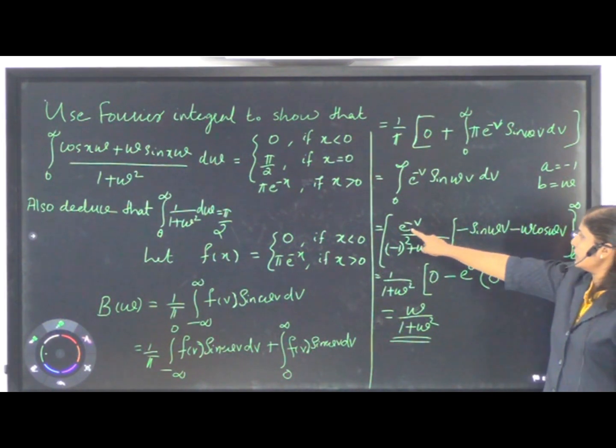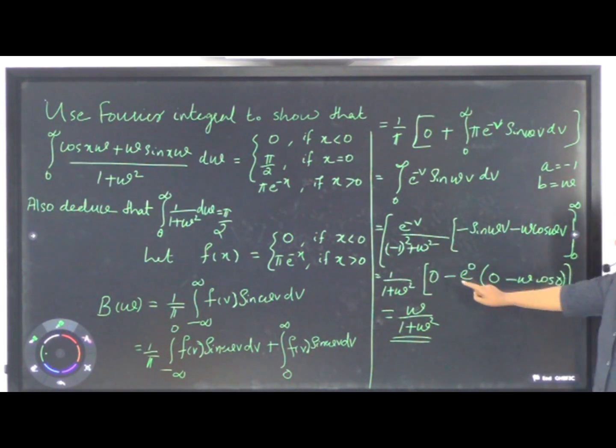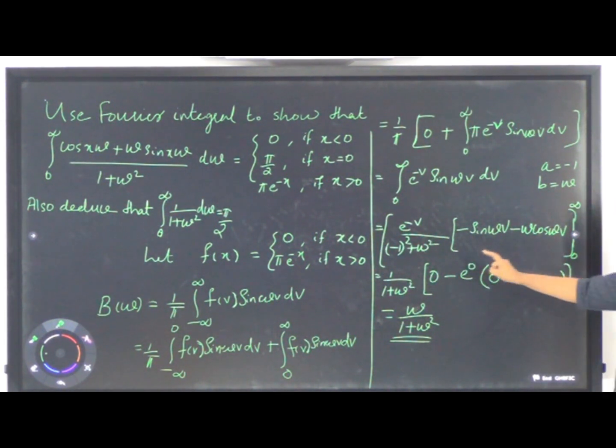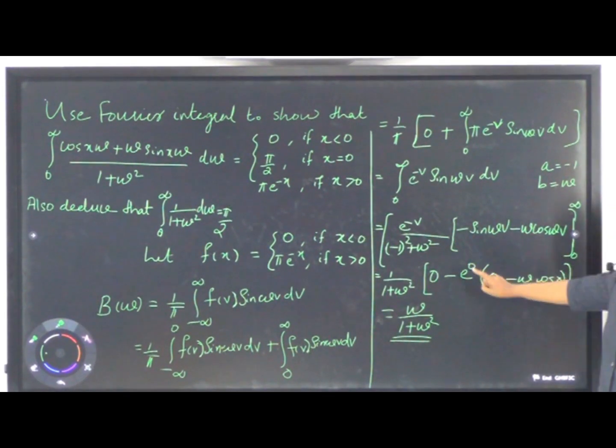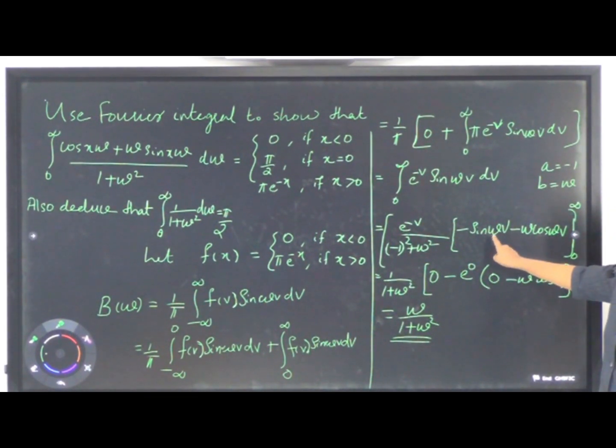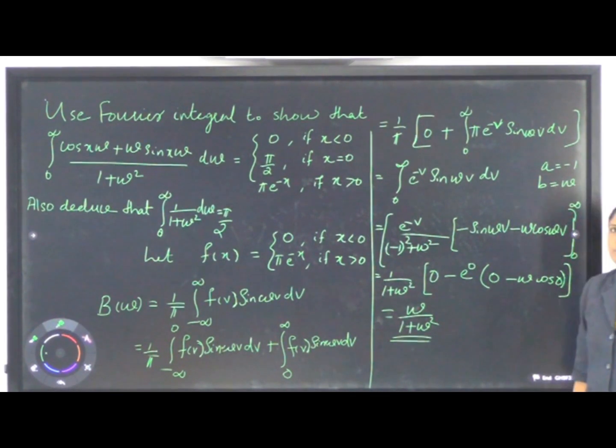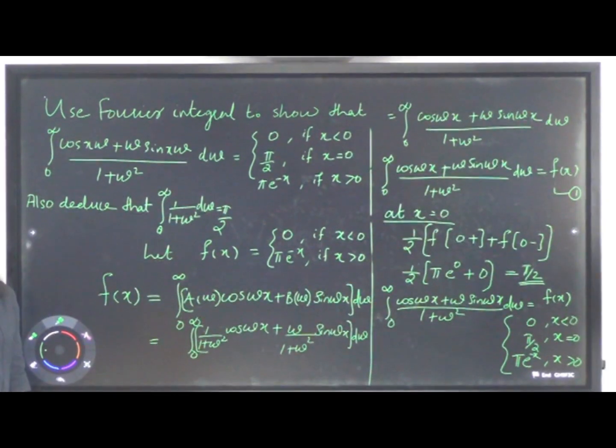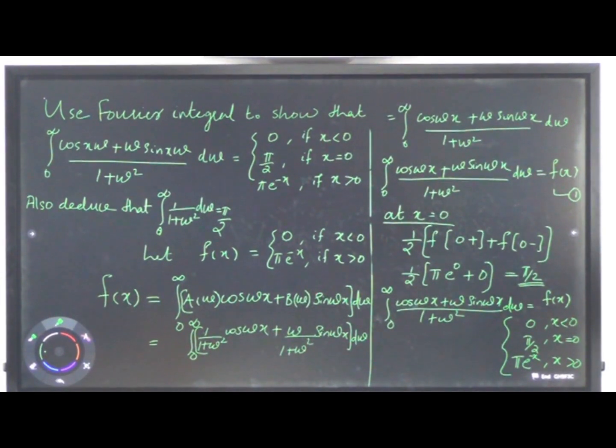Upper limit infinity, e raised to minus infinity becomes 0. Lower limit 0, e raised to 0 into sin 0, which is 0, minus omega cos 0, which is 1. So this becomes omega by 1 plus omega square. We get the coefficients a of omega and b of omega.